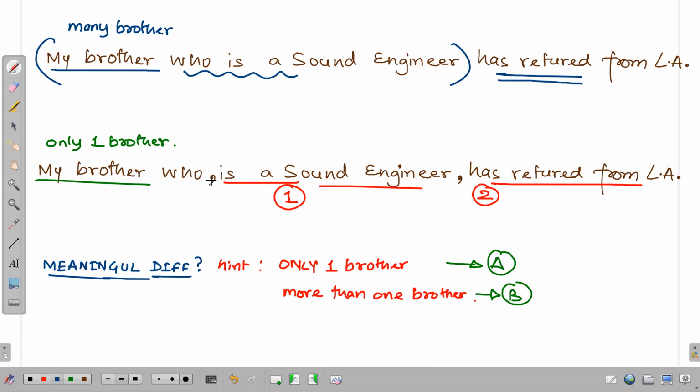And therefore, I have to separate this information with commas, because this is the same brother of whom I'm giving you multiple pieces of information. So the first information is that he's a sound engineer, and the second is that he has returned from LA.